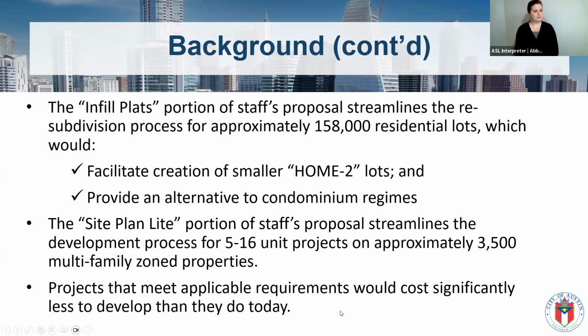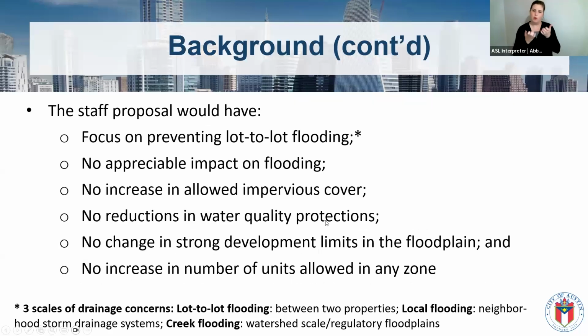And so with today's code, the projects would cost significant amounts. So what we're hoping to do is create requirements that would cost significantly less and be significantly less complicated to develop than they are today, if possible. But we also want to balance that with positive drainage outcomes and so forth.